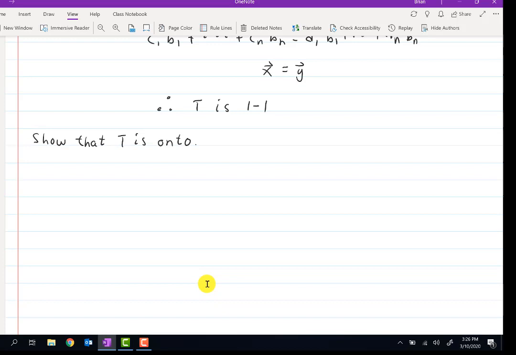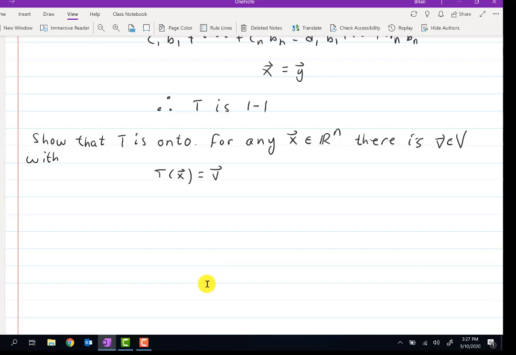That means, for any x in Rn, there is some vector v in V with T of x equal to that vector v.